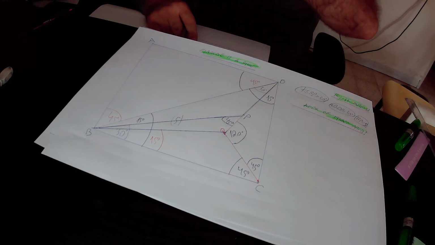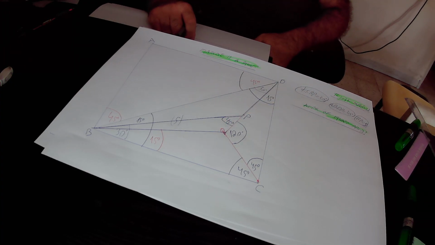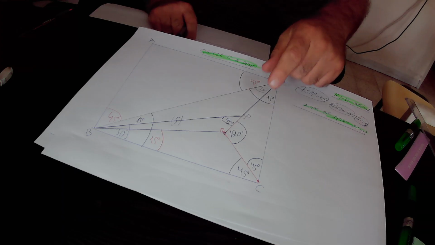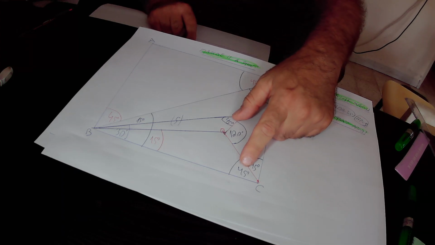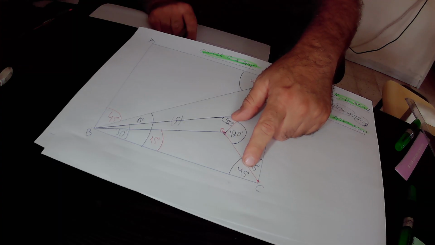So why can those two triangles go into each other? First of all, those two angles are both equal to 45 degrees, therefore they are equal to each other.